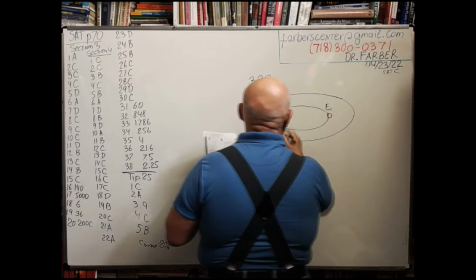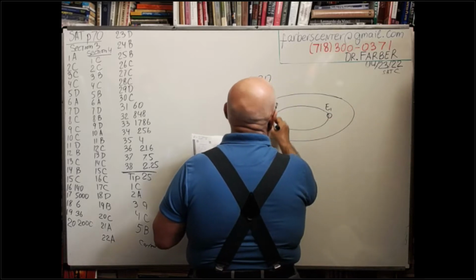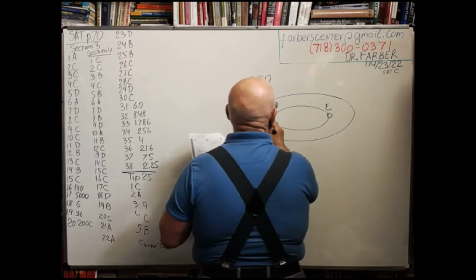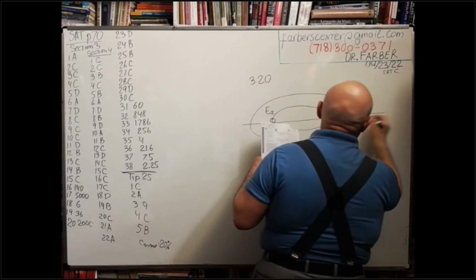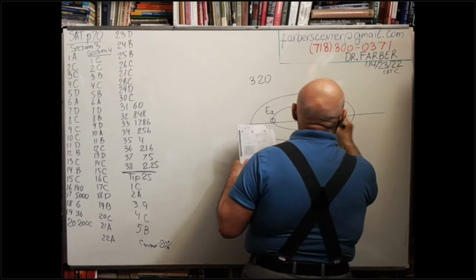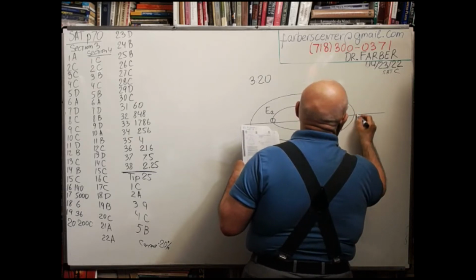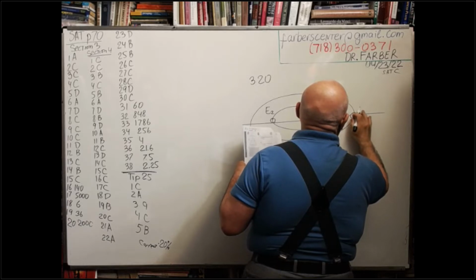E1 or E2. And this is Jupiter. Jupiter. Much bigger.